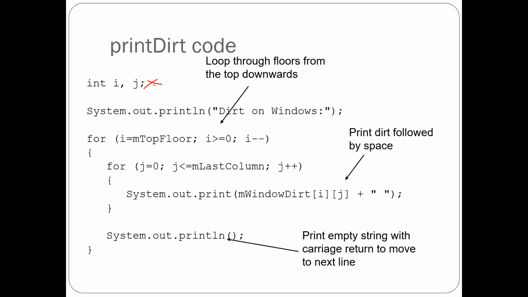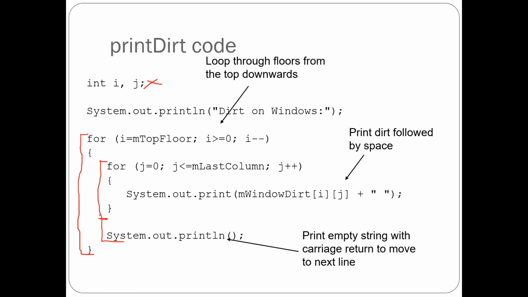I'm going to use those to remember the floor and the window numbers. We've got the system.out.println, which is just a header, so we don't need to worry about that. And then from last time, we've got our two for next loops. We've got the outer loop, which runs on this one, and then an inner loop, which runs on this one. In fact, it runs to about there.